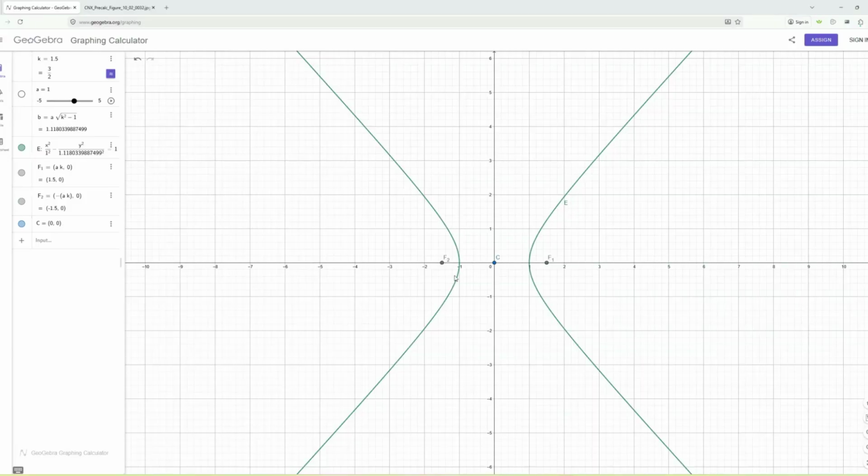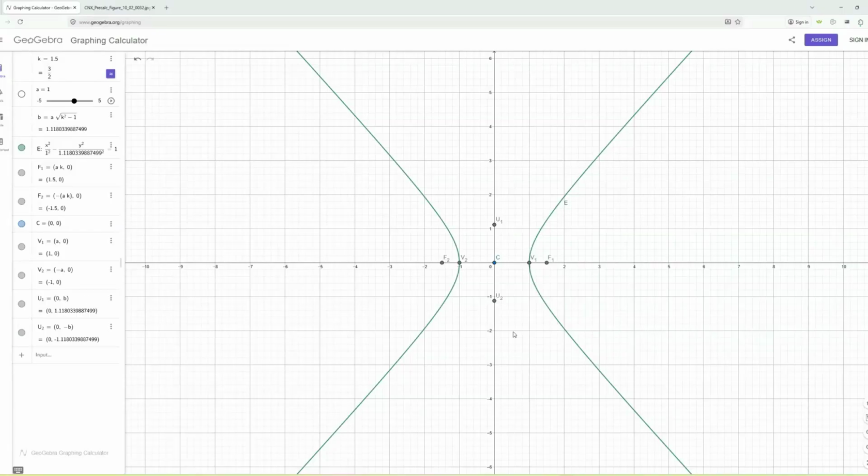A hyperbola also has two vertices. One vertex occurs at the point (a, 0), and a second vertex occurs at the point (negative a, 0). Now, a hyperbola also has two co-vertices, and those occur at the points (0, b) and (0, negative b).